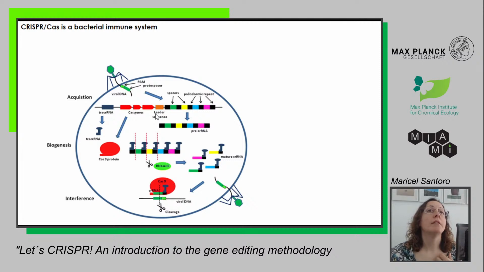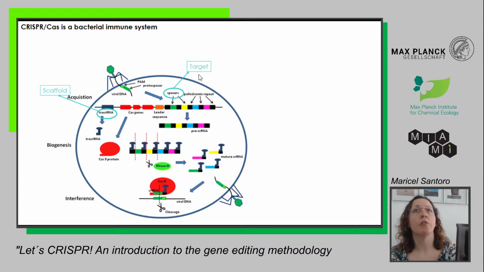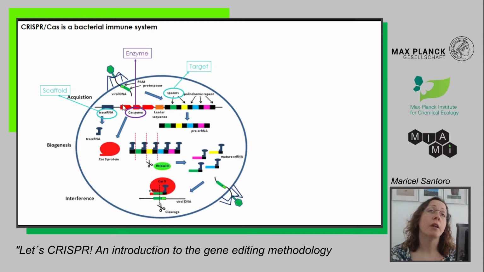This system has spacers and tracer DNA. These two components are what nowadays we call the target, which is specific for the sequence that we want to modify, and the scaffold, which interacts with the enzyme, the Cas protein. They were also there in the bacterial genome.